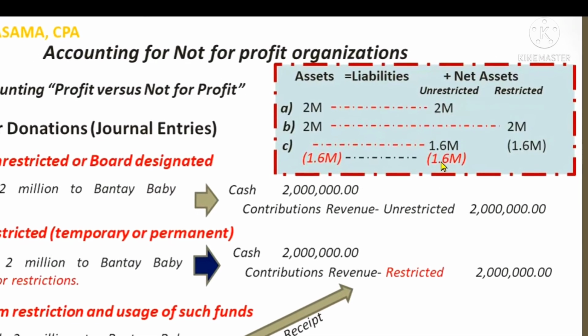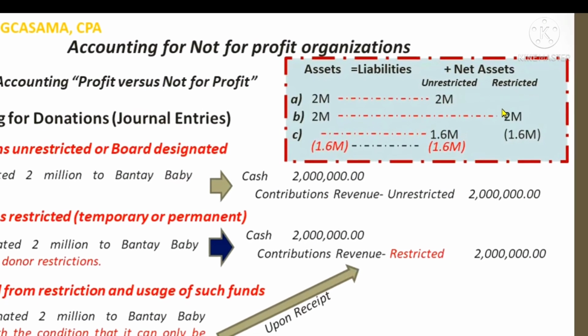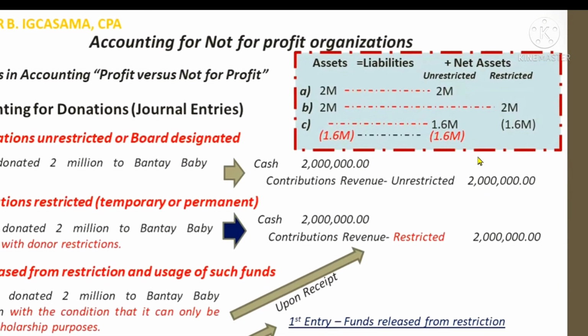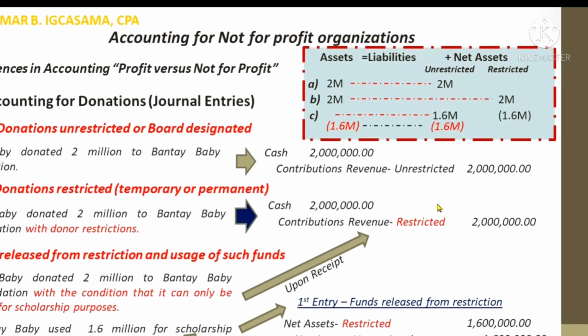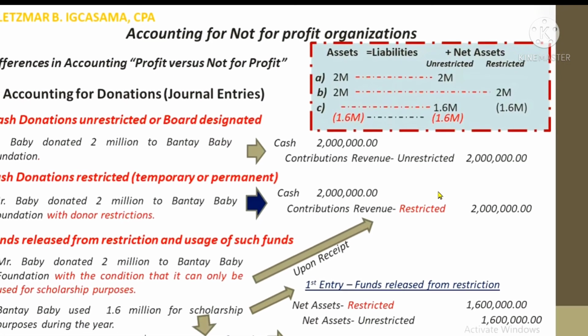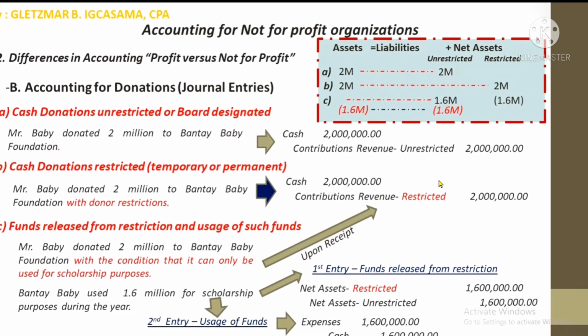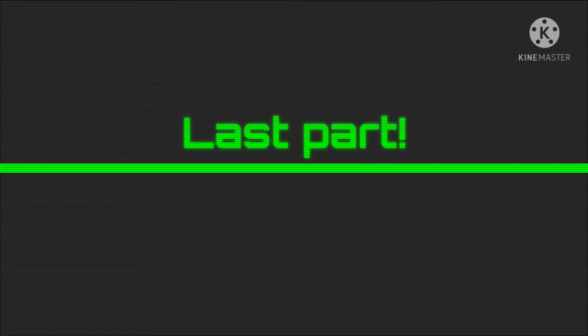So that's it for accounting for cash donations, whether unrestricted or restricted by the donor. But wait, we have an assignment because I need to know if you really understood the lecture so far. So the assignment goes like this.